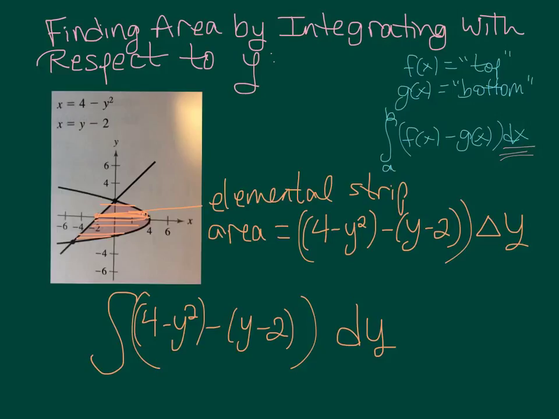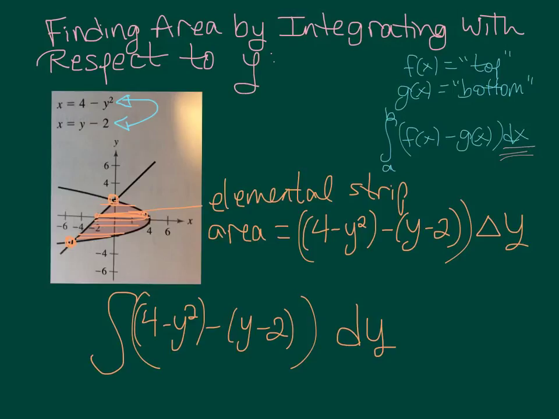dy, and since we're integrating with respect to y, we need to find the y coordinate of this intersection point and the y coordinate of this intersection point. So take a minute now and set these equal to each other and find the two intersection points. Pause the video and figure that out.